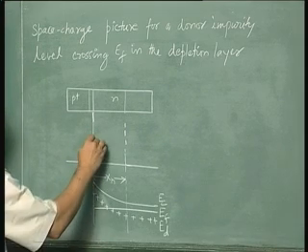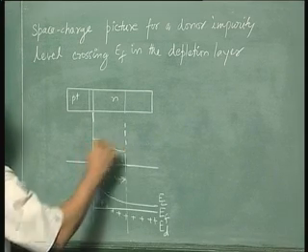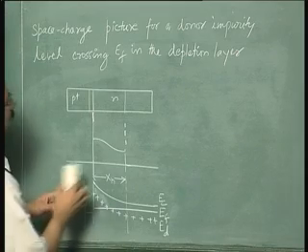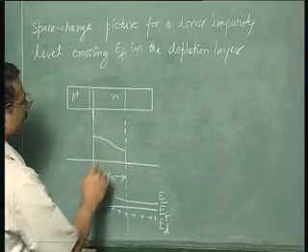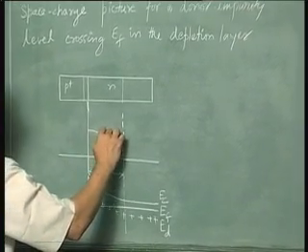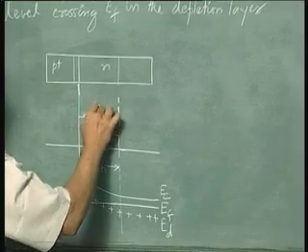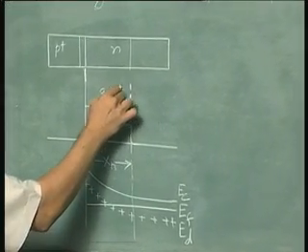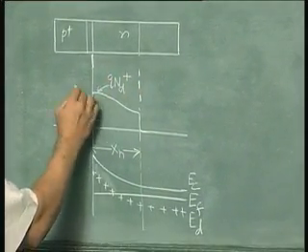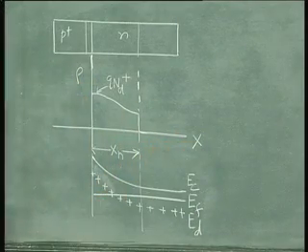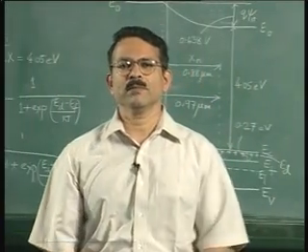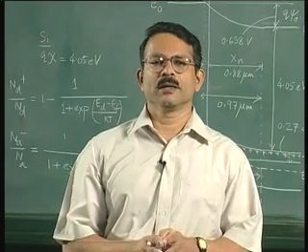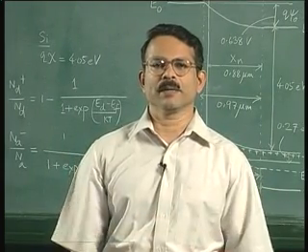If you draw the space charge picture, it would be something like this. So this is Q times Nd plus, not just Nd but Nd plus. This is the ionized impurity concentration. So information such as this is revealed by the energy band diagram, something that we cannot obtain without the help of the energy band diagram.